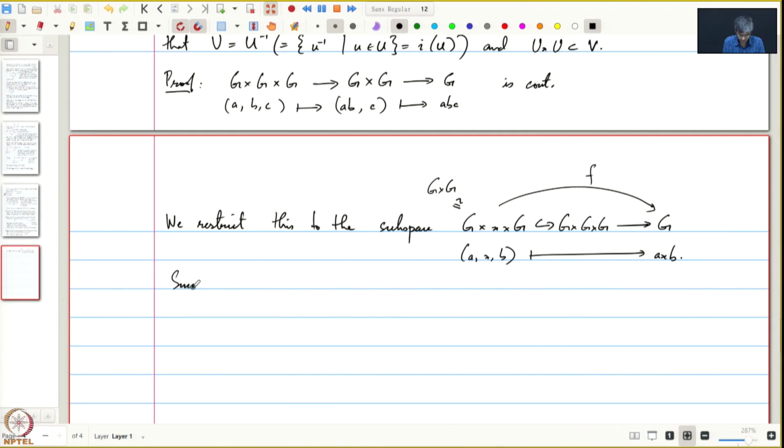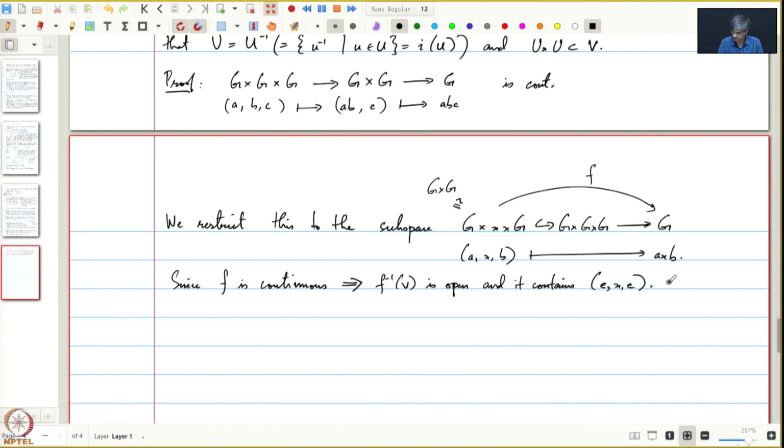So since F is continuous, this implies that F inverse V is open, right? So again this implies that F inverse V is open and it contains the element identity, X, identity, right?